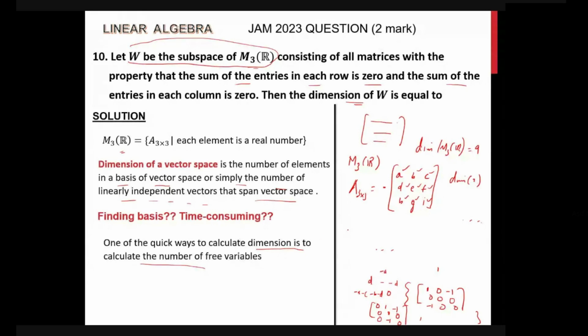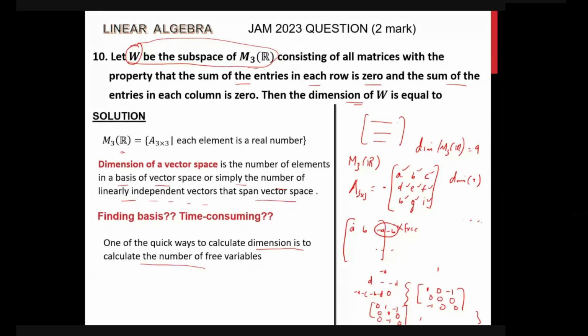Now think of this as our subspace. What will the subspace be? If I take A and B, these are free variables. Is the third element free? No, because if A and B are there, then this element must be minus A minus B, so it is not free.